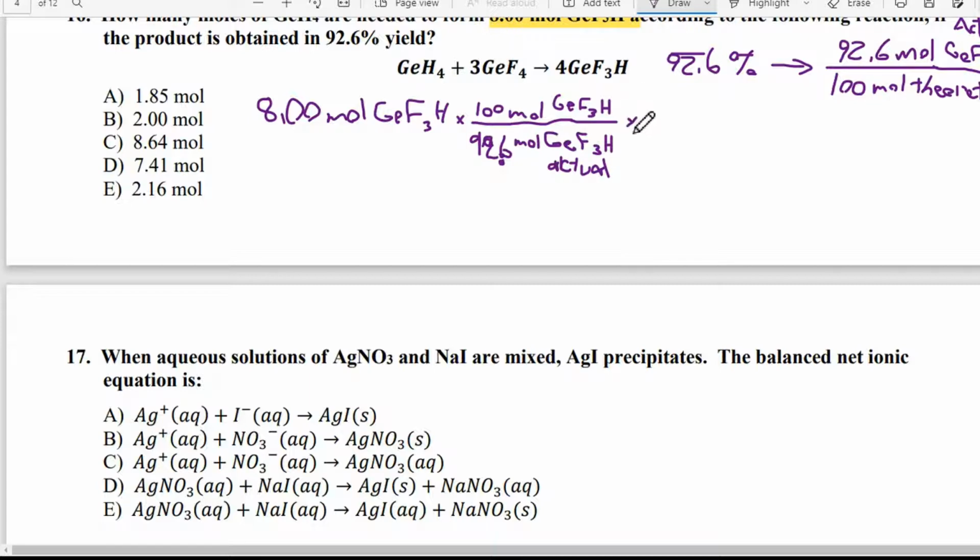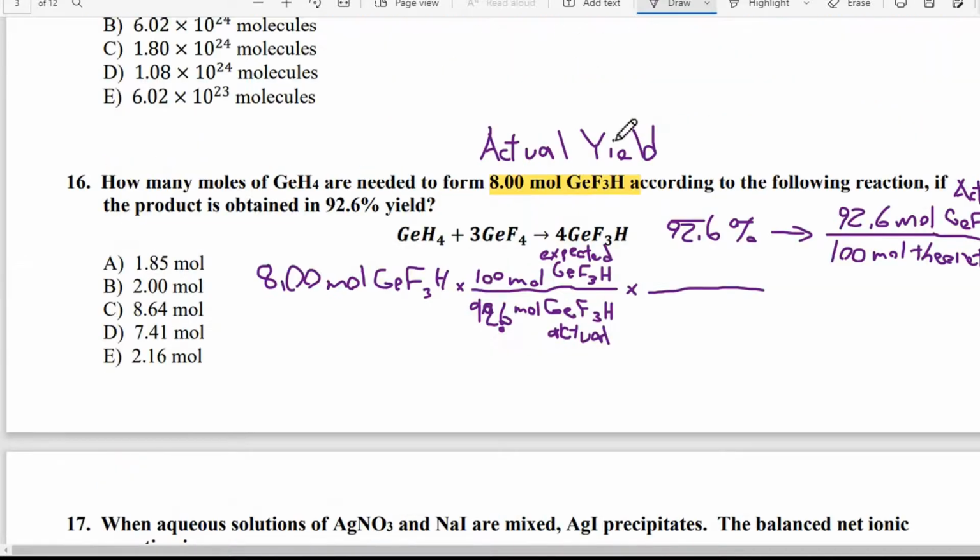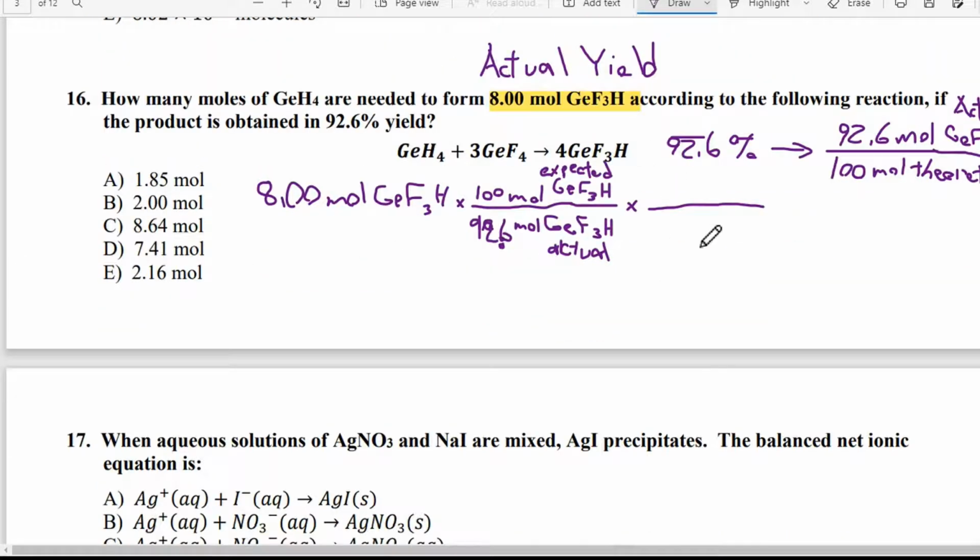And this would be expected. And then from there, I can just use the mole ratio in the balanced equation, which is the moles of GeF3H to moles of GeH4.